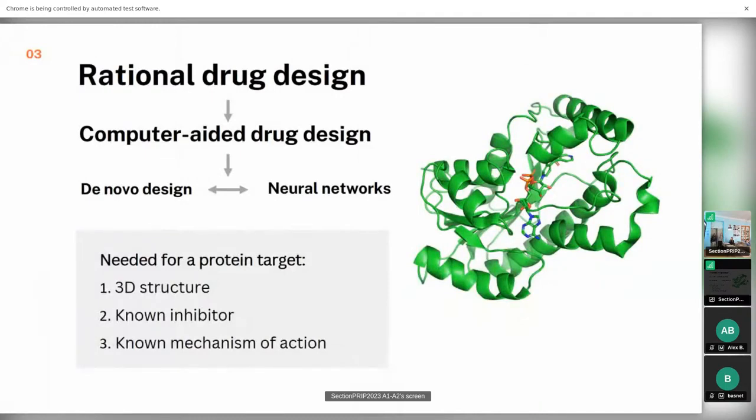Also, for computer-aided drug design strategy, we need specific information about the protein target we are going to choose: the 3D structure of this protein, known inhibitors of this protein, and the mechanism of action.